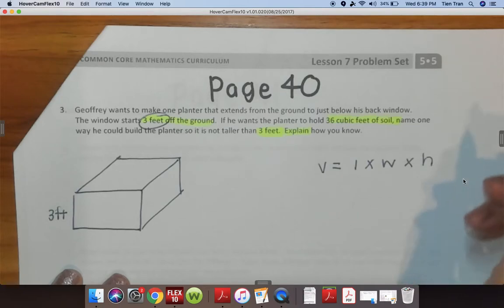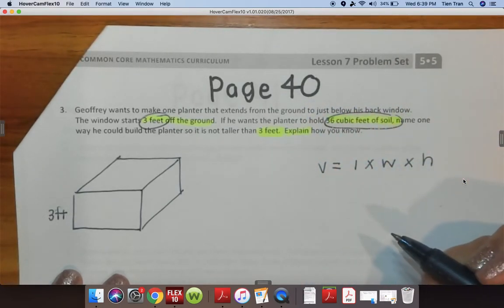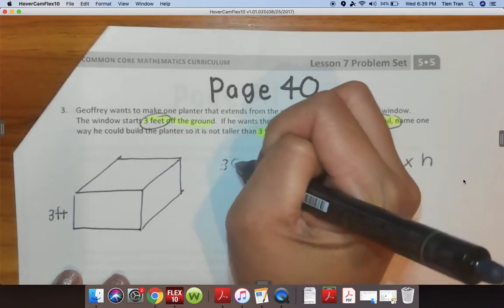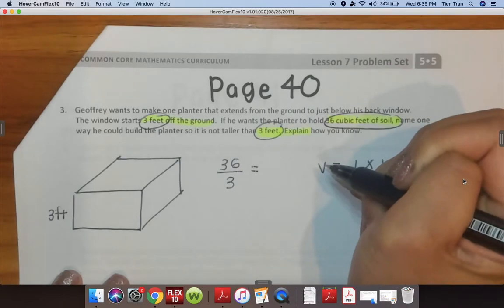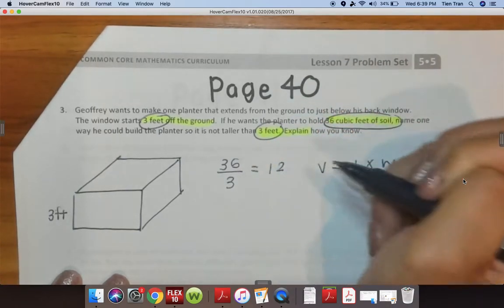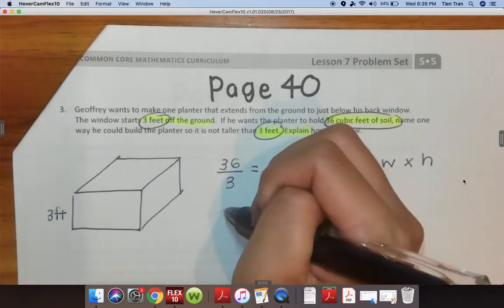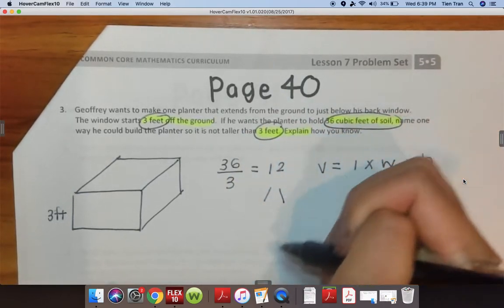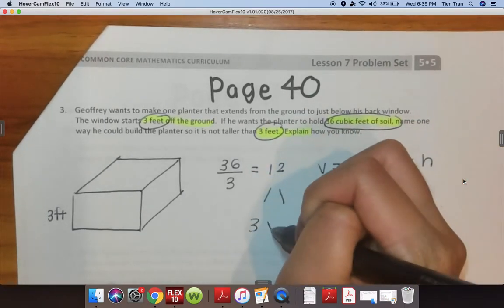And I know that 36 cubic feet of soil divided by 3, because there's 3 feet, is going to give me 12. Okay? And I know that the numbers that equal 12 have to be 3 times 4.